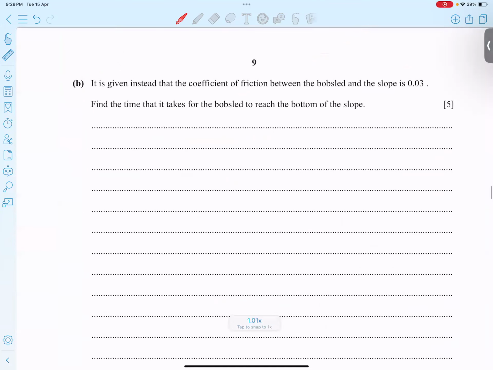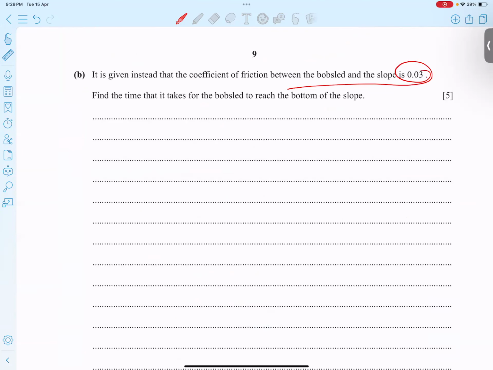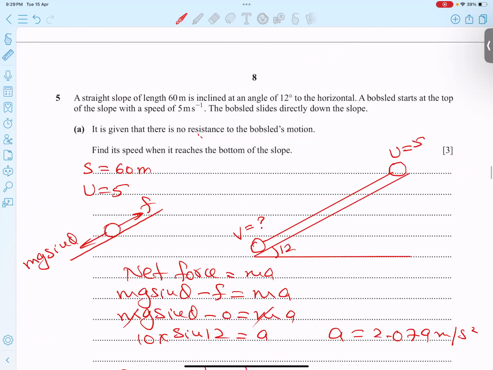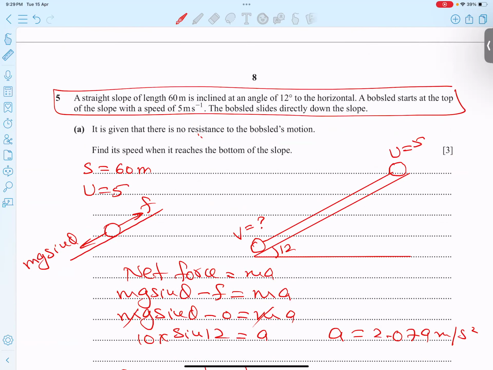He's saying that instead the slope is rough now, with the same inclined plane. We need to find the time it takes for the bobsled to reach the bottom. Students, this applies to both parts.